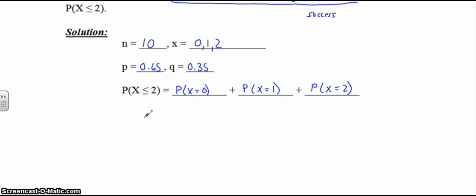So no successes, so that would be 10C0 times 0.65, we want no successes, 0.35, we want 10 failures. For there being 10 trials, 1 success. Probability of a success, we want 1 of them.